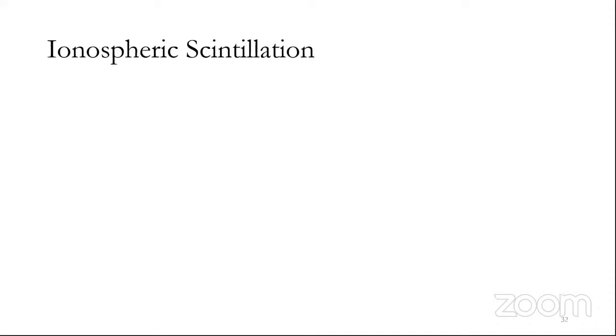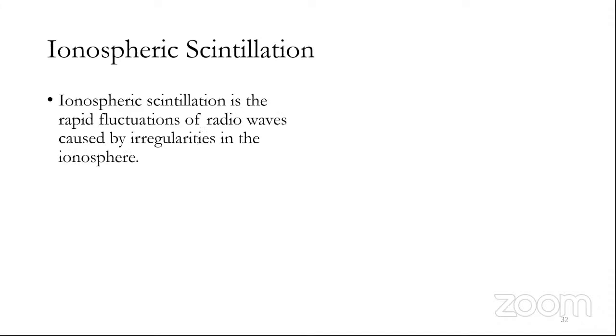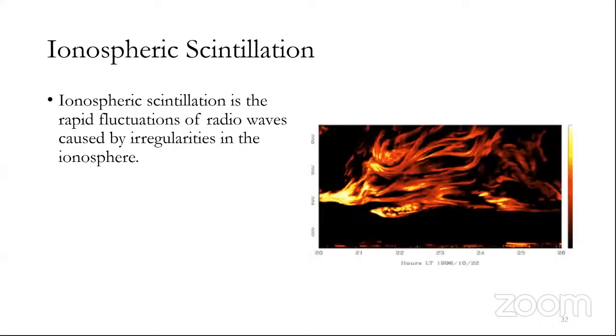Now, the total electron content is not the only issue we face because of the ionosphere. There's another feature which we call ionospheric scintillation. Ionospheric scintillation is the rapid fluctuation of radio waves caused by ionospheric irregularities. By irregularities, I mean irregularities in electron density, as you can see in the right figure. With elevation, electron density is not constant. It fluctuates. Some regions have higher density than others.